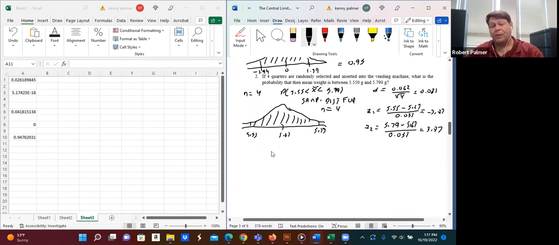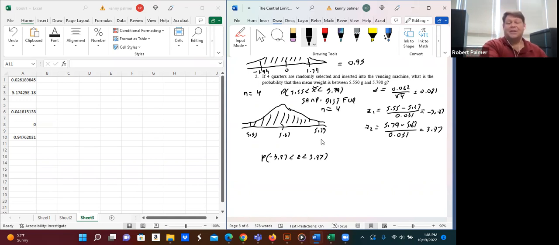And then if we find the probability that Z is between negative 3.87 and positive 3.87, as you can imagine, the original one was 95%, so this is going to be even larger. How we do that is the probability that z is less than the larger value, 3.87, minus the probability that z is less than the smaller value, negative 3.87.